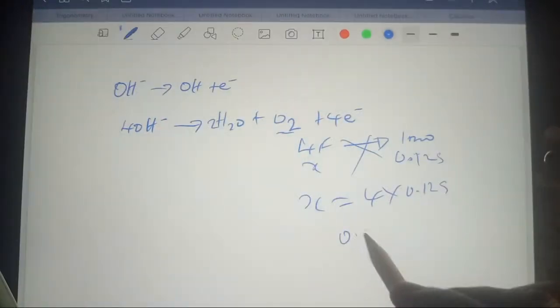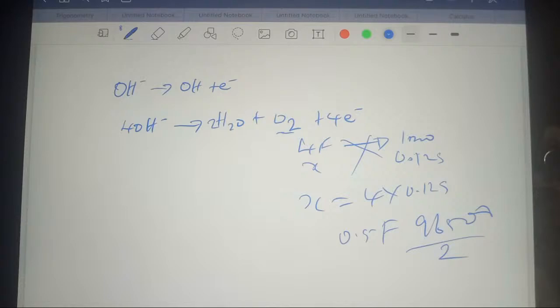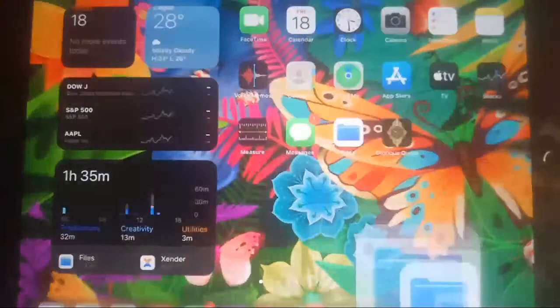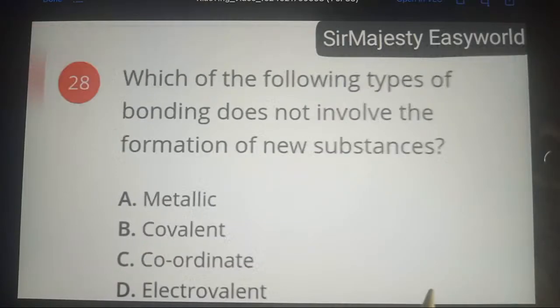So 0.5 F, which is 96,500 divided by 2, will give you 48,250 coulombs of electricity. So let's go back to the question. That's it. Option B is the correct answer. 48,250 coulombs of electricity is what is required.